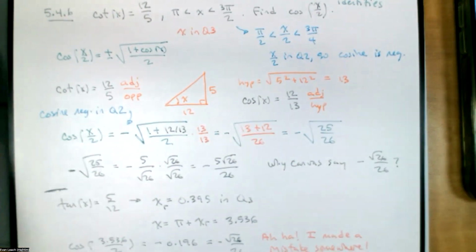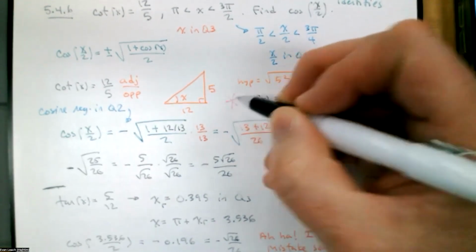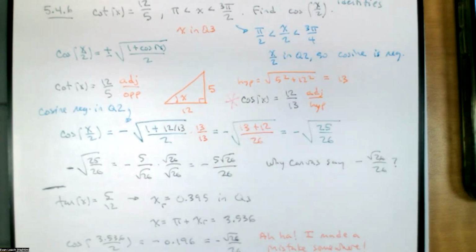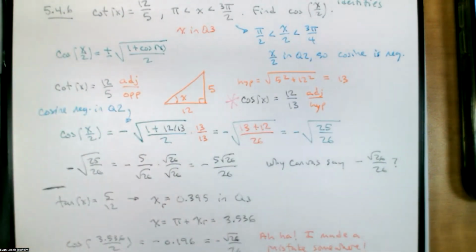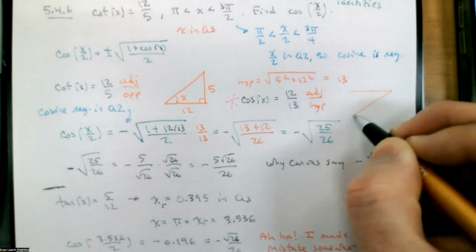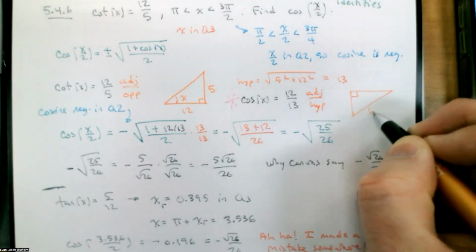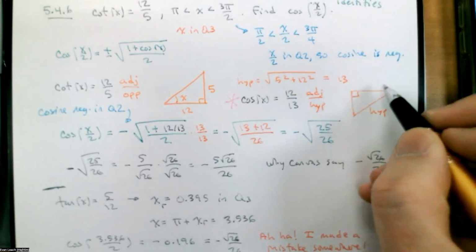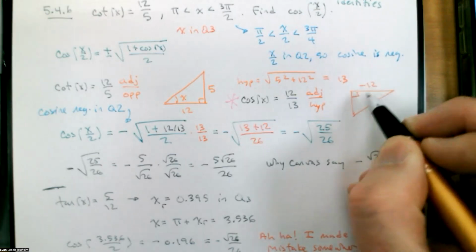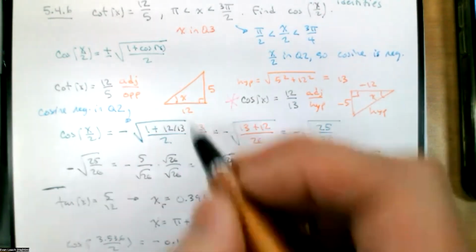Here's where I made the mistake. I have here cosine of x is 12 over 13, but x is in quadrant 3, so it's negative 12 over 13. I drew this because I always draw this generic triangle, but I needed to draw x in quadrant 3, so I should have drawn it this way, where our hypotenuse is still 13, but adjacent is a negative 12 and opposite is a negative 5 because x is in quadrant 3.